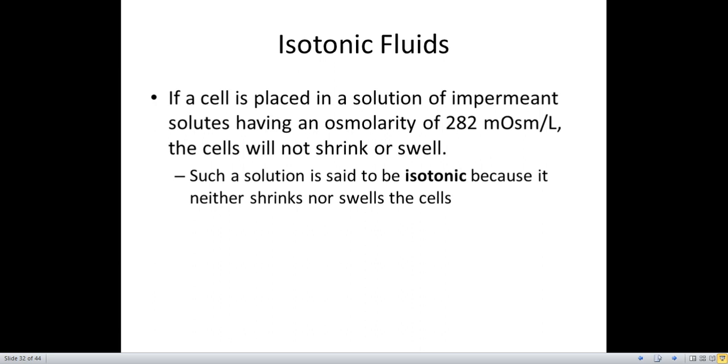If a cell is placed in a solution of impermeant solutes having an osmolarity of 282 milliosmoles per liter, the cells will not shrink or swell. So such a solution is said to be isotonic because it neither shrinks nor swells the cells.